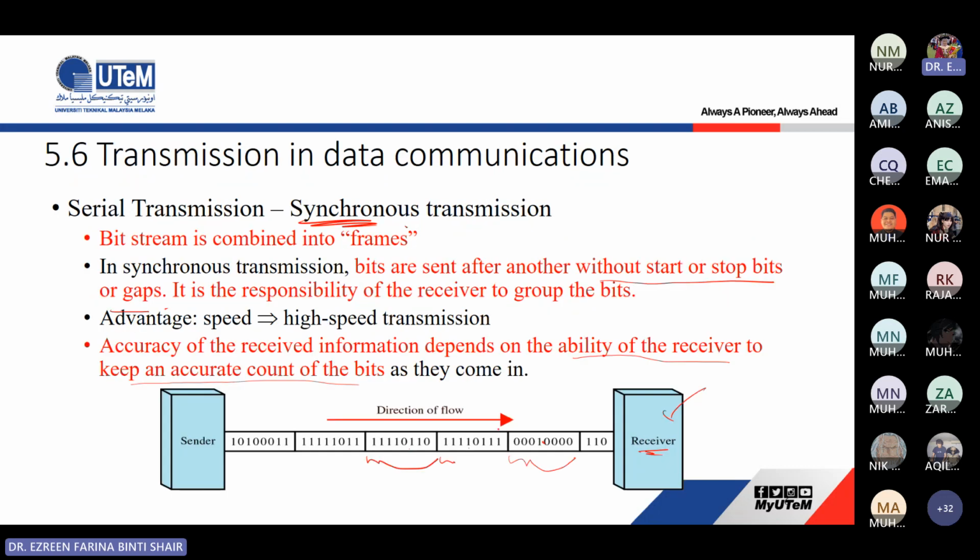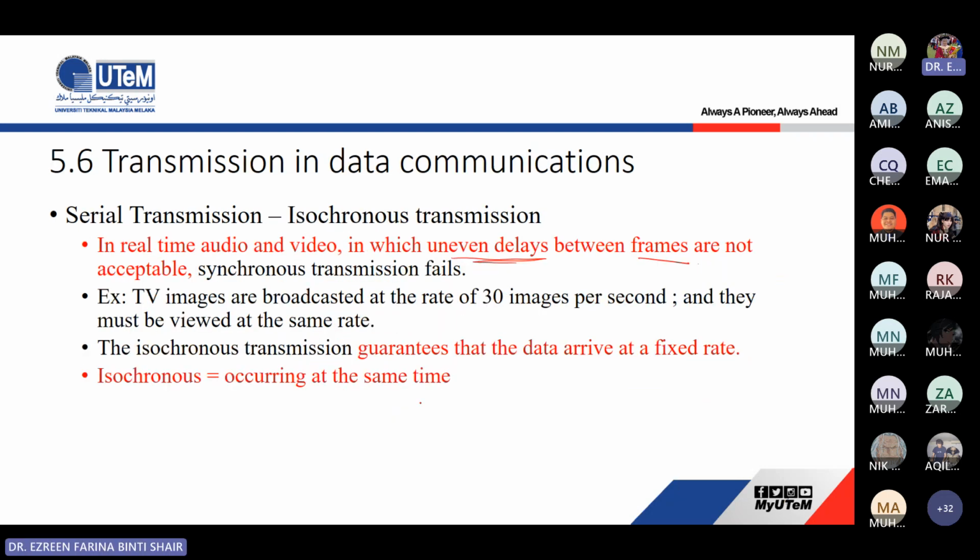This is one frame, second frame, and in between there will be a delay. In synchronous, the delay is fixed, meaning the delay is the same between each frame. But if the delays between frames are uneven, meaning different delays, you cannot use synchronous transmission. You need to use isochronous transmission.